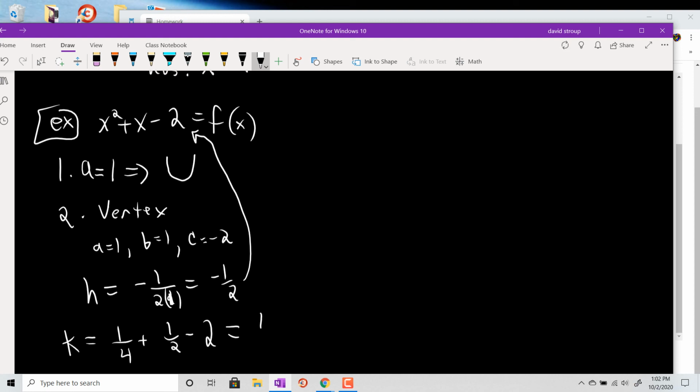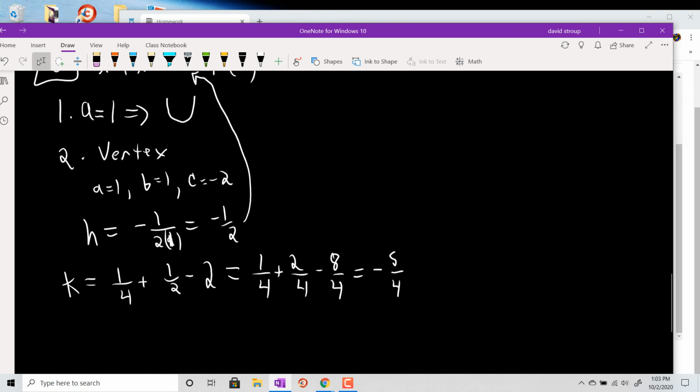Find a common denominator there: 1/4 plus 2/4 minus 8/4. And that's going to be negative 5/4. For graphing purposes, you may want the decimal, negative 1.25. But ultimately our vertex then is negative 1/2 comma negative 5/4.